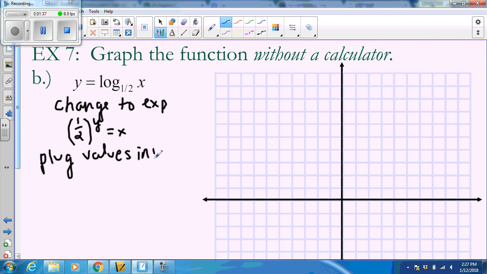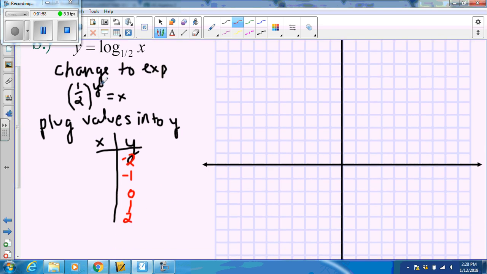So we plug values into y. So we'll have x and then our y on our table. Now here what I'm going to do is use those 5 basic numbers, so -2, -1, 0, 1, and 2 for my y's. Now I'm going to plug these y values into our exponential.